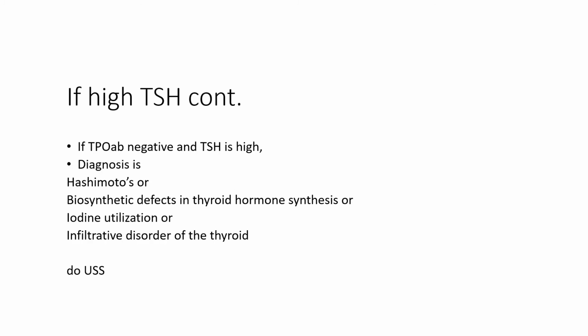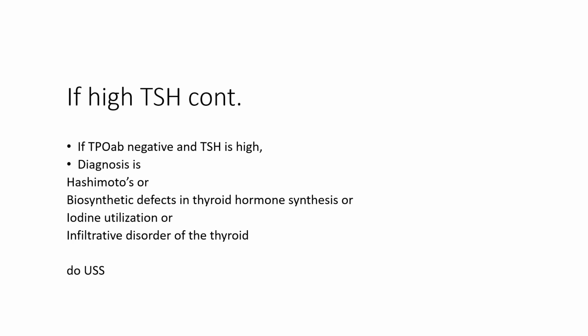If you are dealing with a very high thyroid stimulating hormone and you carry out thyroid peroxidase antibodies level and the value is negative, but the TSH is high, then you might be dealing with biosynthetic defects in thyroid hormone synthesis, or iodine utilization problems, or you are having an infiltrative disorder of the thyroid gland at hand.